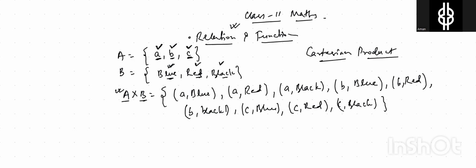Now, this A cross B brings in all the members related to all the members. But when we talk about a relation to be very specific, there will be some condition.